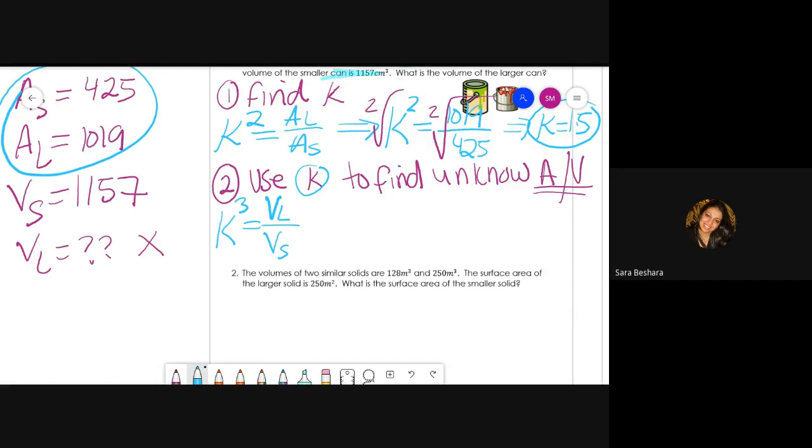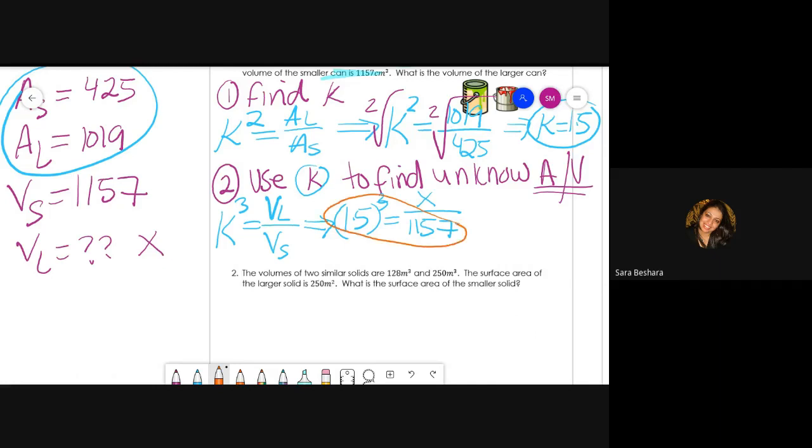All right, so what's k? 1.5 from step 1, and it's cubed, equal volume large, unknown, x. Volume small is 1157. Now, remember x is on the top, so I multiply these two together.